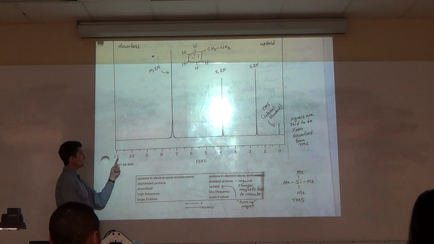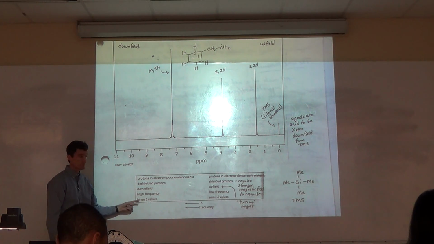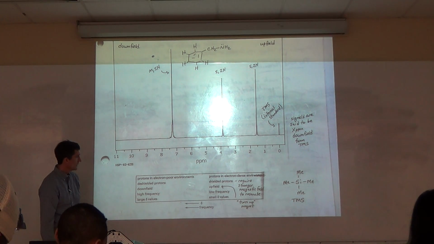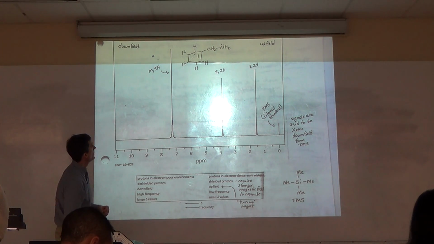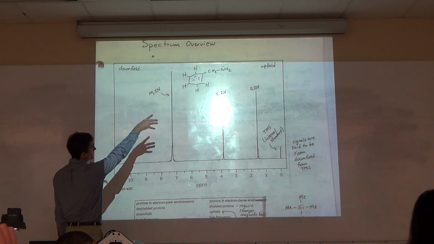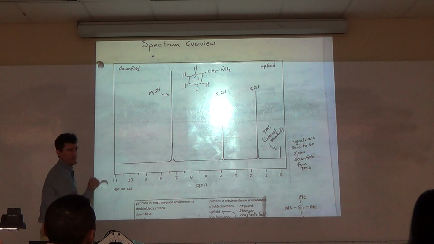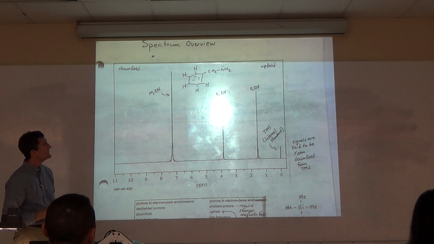Of course, this is a large ppm. It would also be a large delta value. It's just different terminology. Okay. There's an NMR of that compound there. You actually expect 5 signals, but you only get 3.